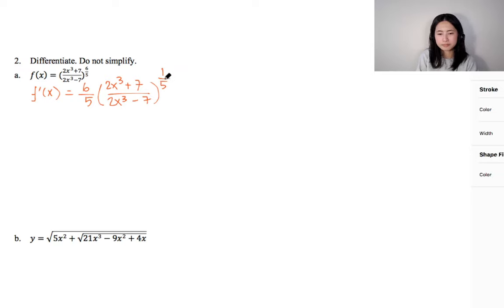Okay, and then from there, once you have 1 over 5, you need to find the derivative of your inner term. So in that case, you're multiplying. Because we need to apply the quotient rule, so first the chain rule, then the quotient rule, right? So what's the quotient rule? You take the derivative of your numerator times your denominator, which is 2x cubed minus 7, minus the derivative of your denominator times your numerator again.